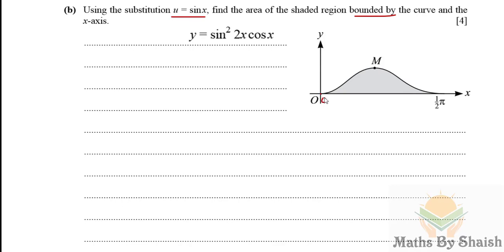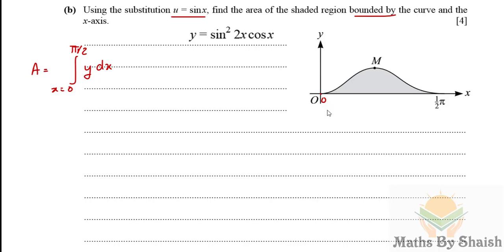Here the limit will also be changed, and the area, we know, if it is in x, the required area is x from 0 to pi by 2, y dx.